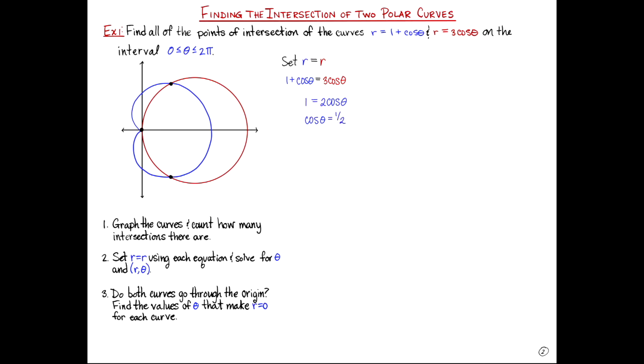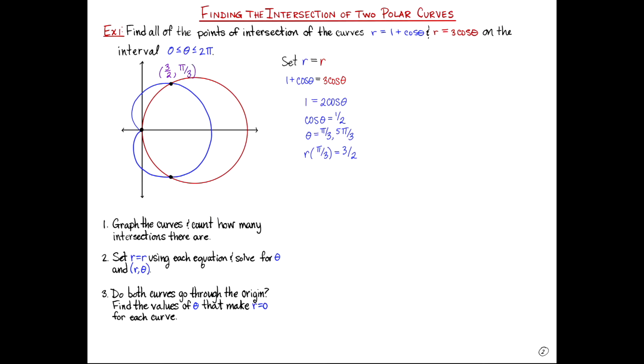And solving for theta, we have that theta is equal to pi over 3 and 5 pi over 3. When we sub theta into either one of our curves, we find that r is equal to 3 halves. In the first quadrant, that gives us the point (3 halves, pi over 3).